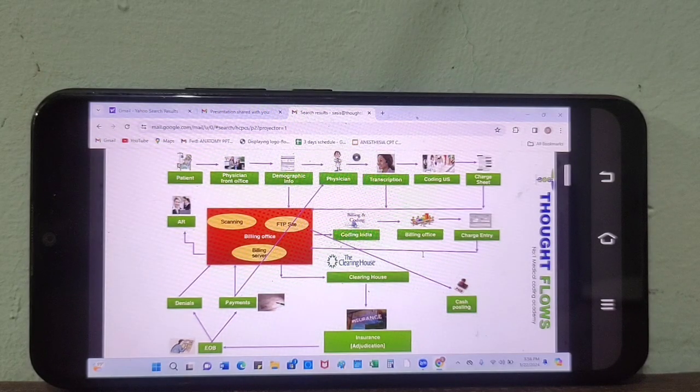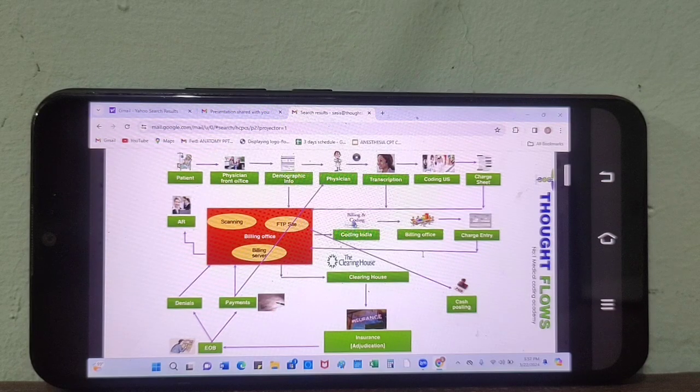That is called denials. Suppose there is no error and the service is covered under the policy, then that claim is called a clean claim. Clean claims will get payment the first time.